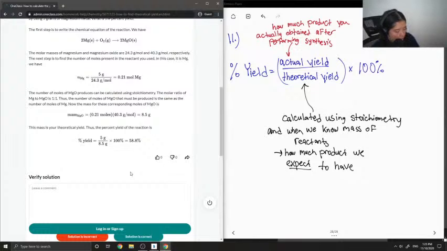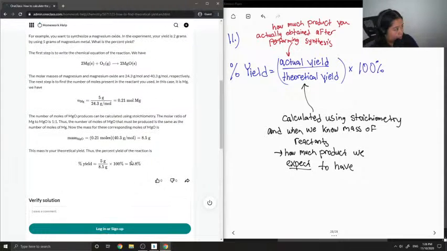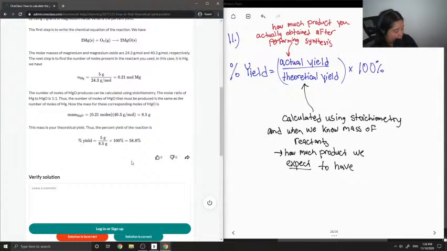So let me just do this calculation, showing that our yield was actually 2 grams divided by 8.5 times 100. So the actual percent yield was 23.53. So I'm just gonna write that their explanation is correct.